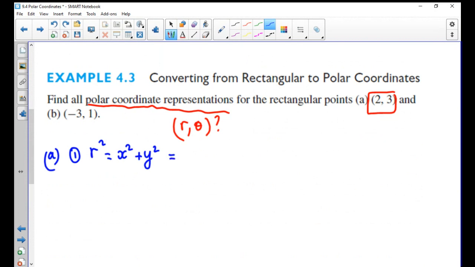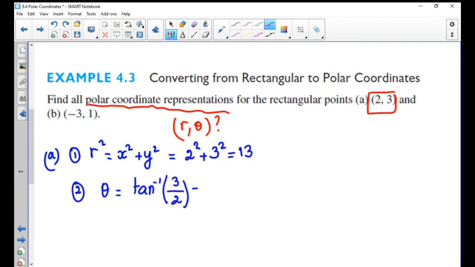So this will give us 2 squared plus 3 squared, which is 13. And then the second thing is I will find theta, which is tan minus 1 of 3 over 2. Take your calculator.